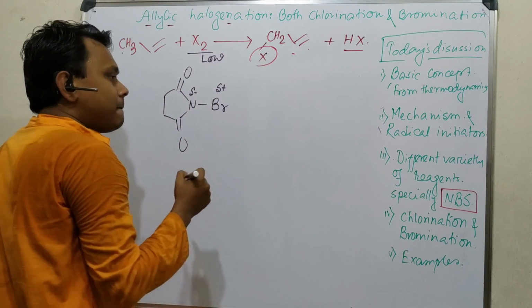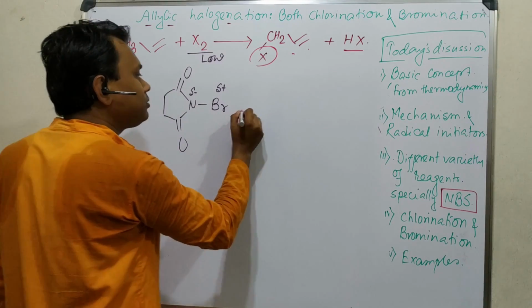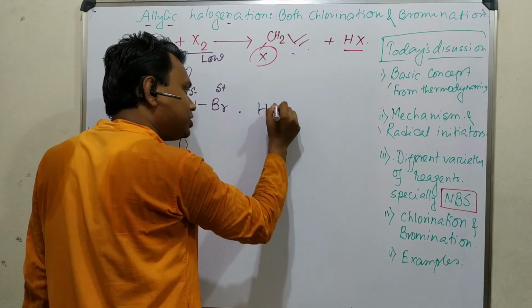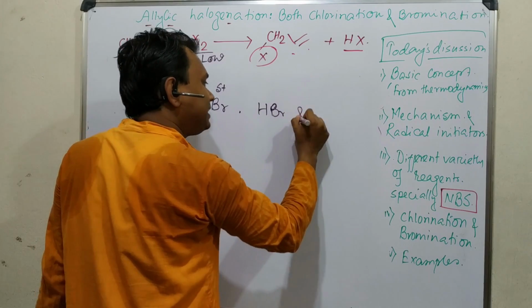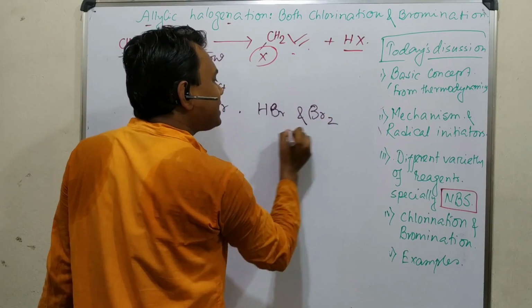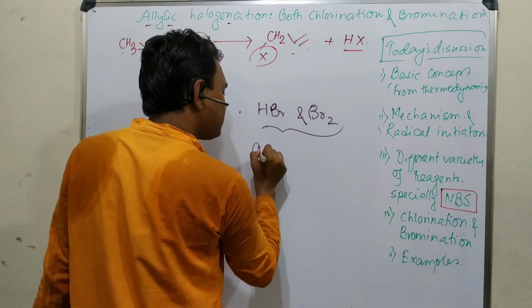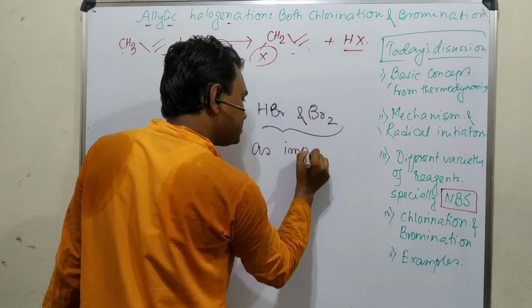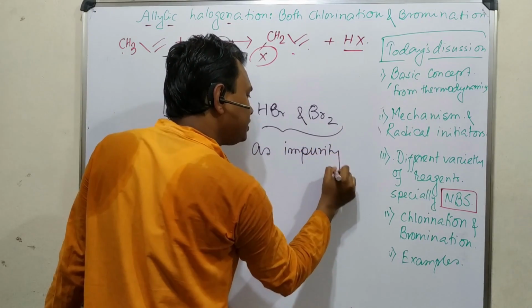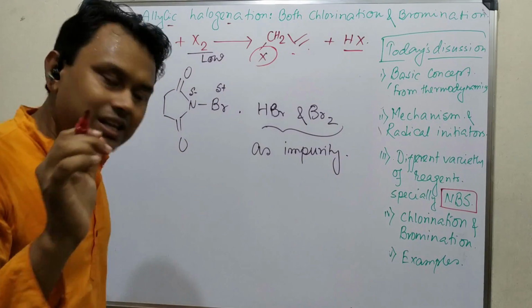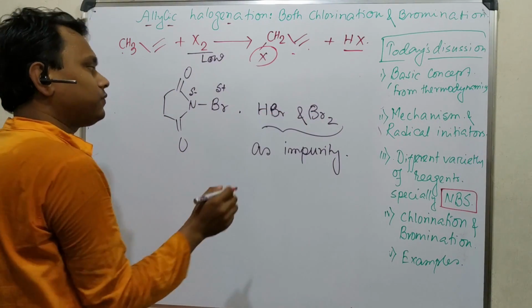How does it do this? Because NBS contains some amount of HBr and bromine as impurity. If it has these as impurity, meaning a very small amount, this is responsible for this.